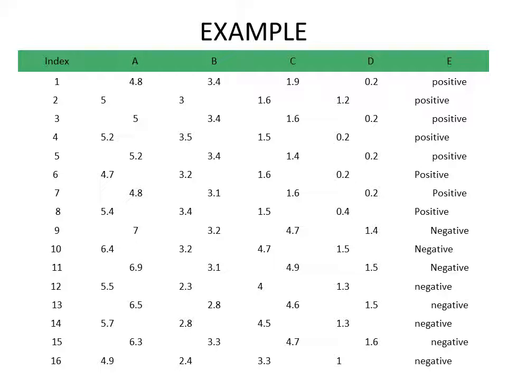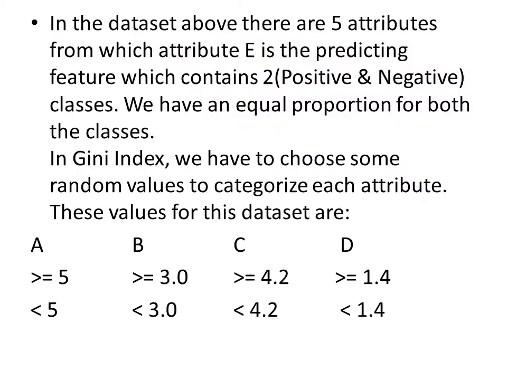So each of A, B, C and D takes 16 values. Based on A, B, C, D values, the E is predicted here. In the data set above, there are 5 attributes, from which attribute E is the predicting feature, which contains 2 classes, positive and negative. We have an equal proportion for both classes.